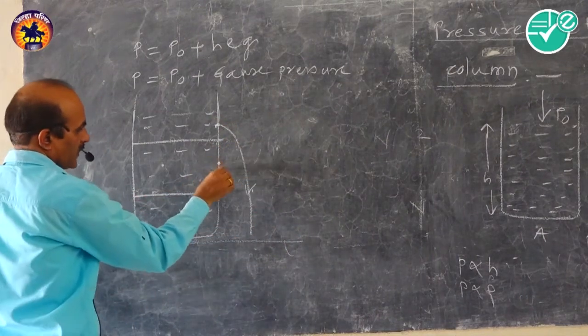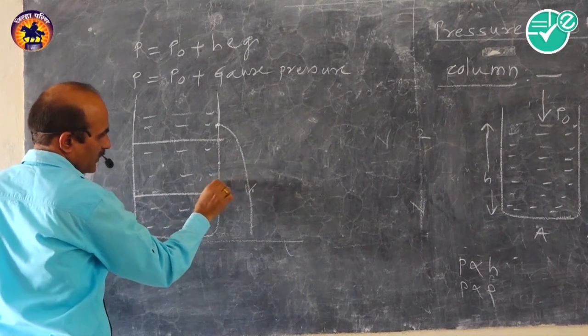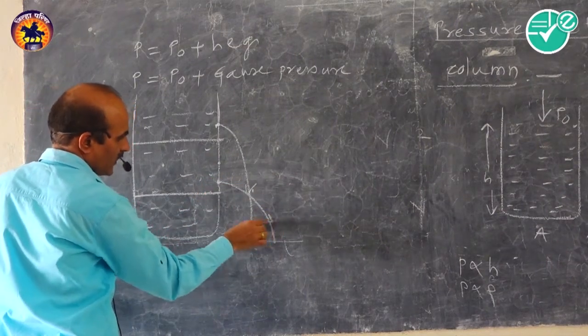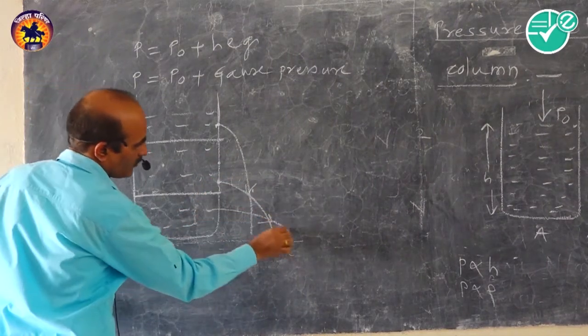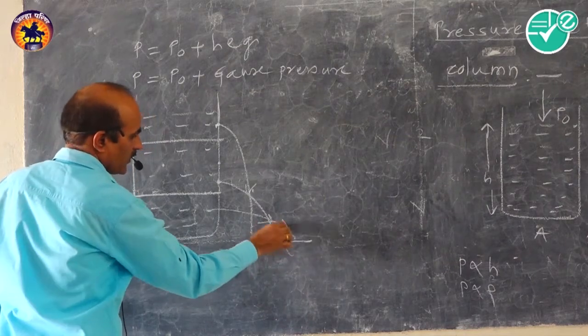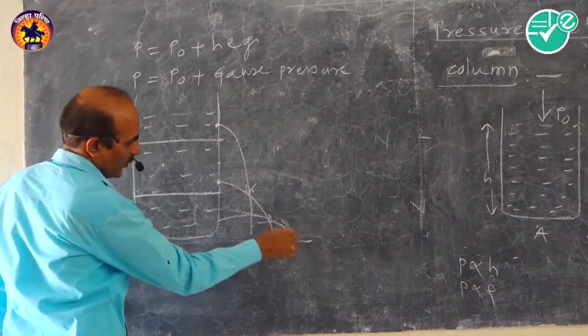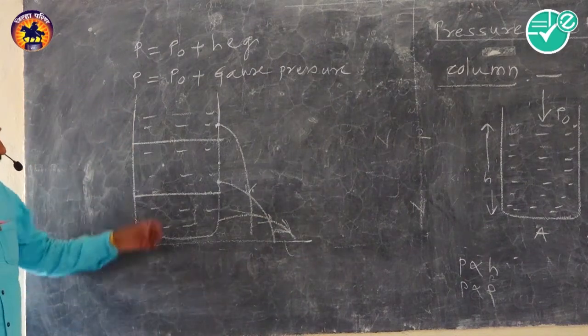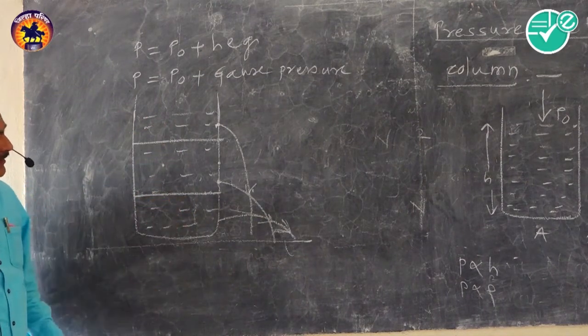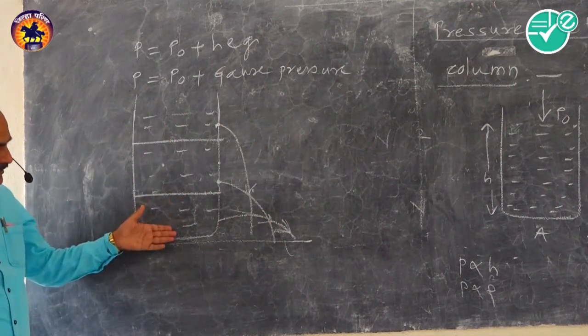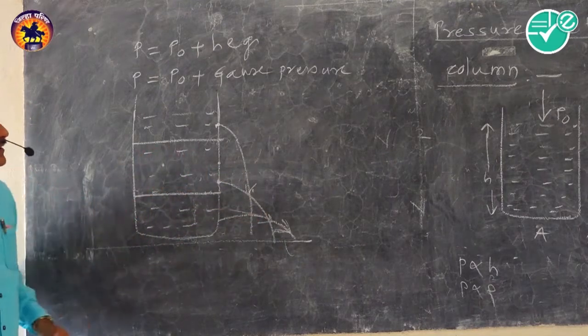If you have a hole here or here, the liquid falls like this, and for the bottom one the liquid falls like this. So you can see that as the depth increases, the pressure on the liquid increases.